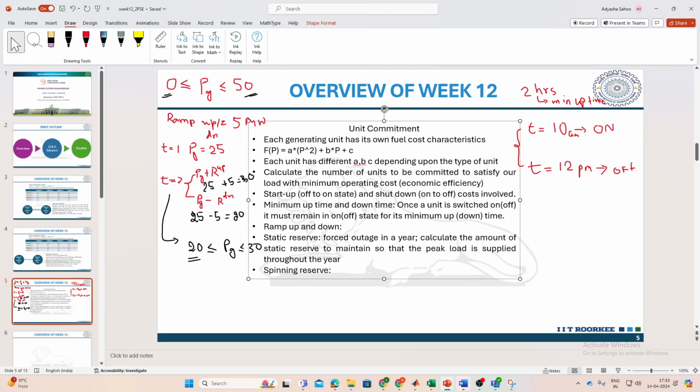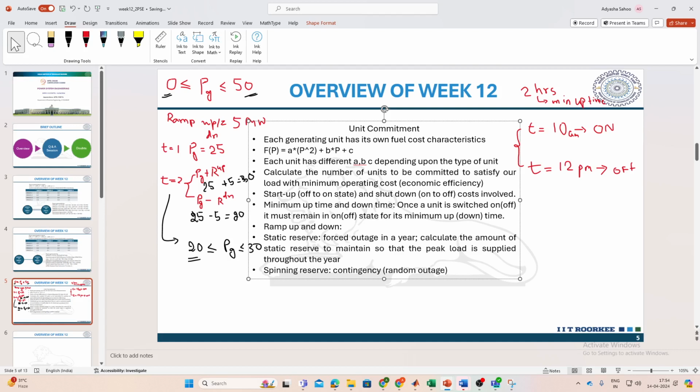Before the day, you need to plan how much spinning reserve you want to keep. So spinning reserve we keep to take care of the contingency, or these are the random outages that take place.